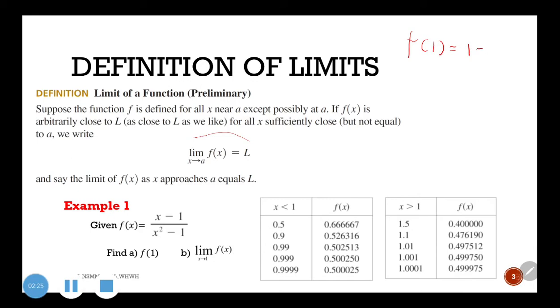Replace x with 1, and then you will get 0/0, which is undefined. So the answer is undefined.